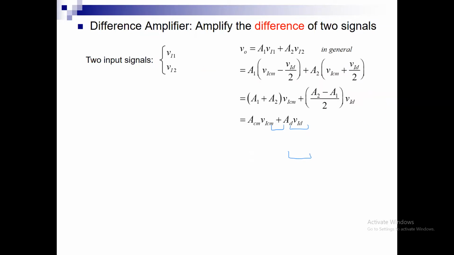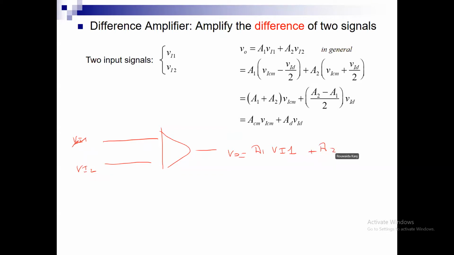Great. So these two signals now, in general, if my amplifier has two pins, and if it takes VI1 alone, the output is equal to A1 times VI1, and if it takes VI2 alone, the output is going to be A2 times VI2, and we are assuming that we can have superposition.